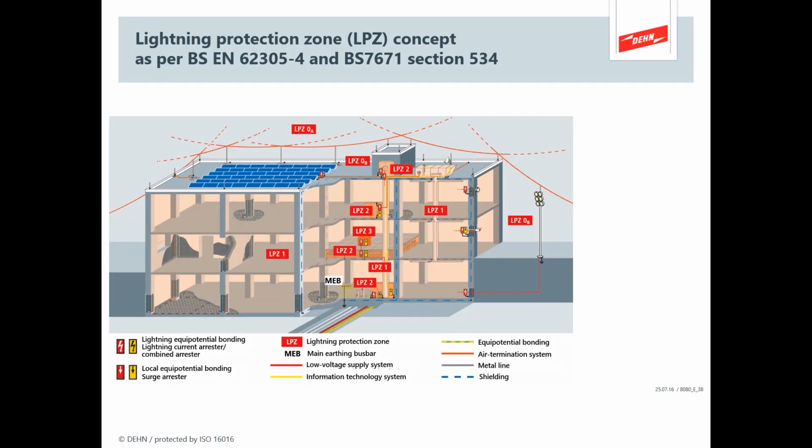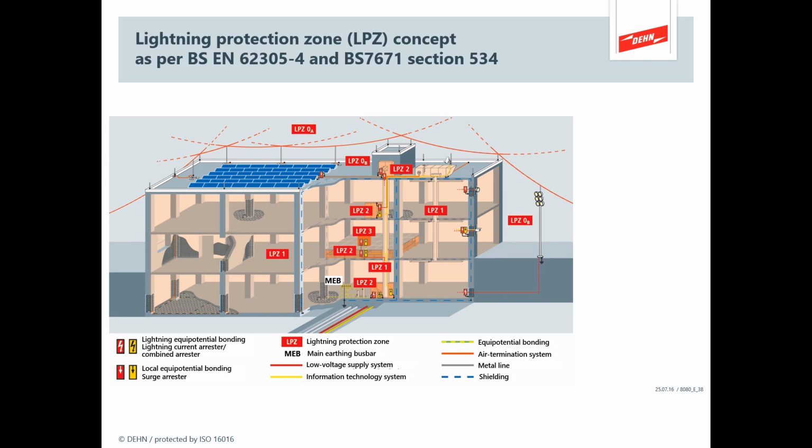So looking at it in a more holistic way, in this illustration, we can see the overall picture in terms of the LPZ concept, where we see LPZ0, but now it's been subdivided. LPZ0 is subdivided when you have a fitted lightning protection system.